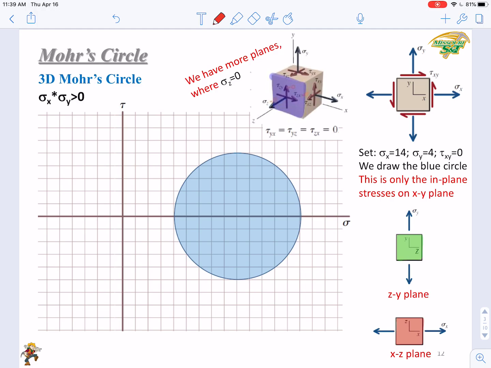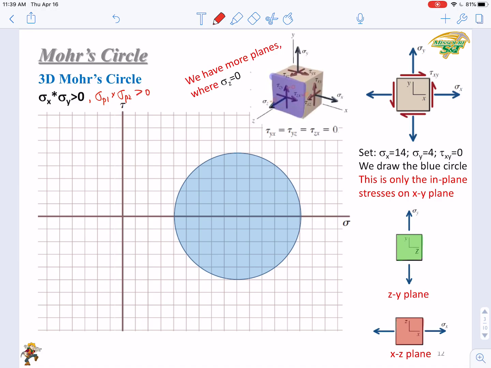Okay, they're the same sign. Okay, let's see, sigma x times sigma y, or more strictly speaking, it should be sigma p1 times sigma p2 larger than 0.